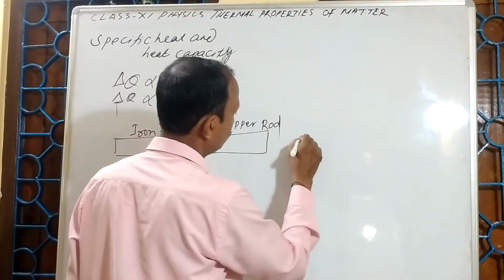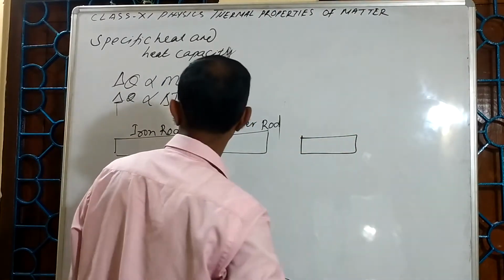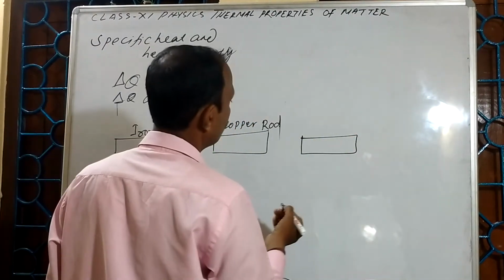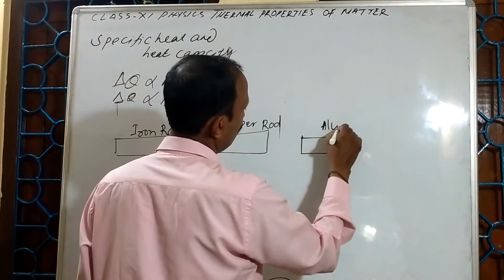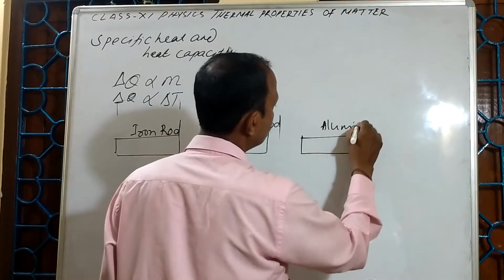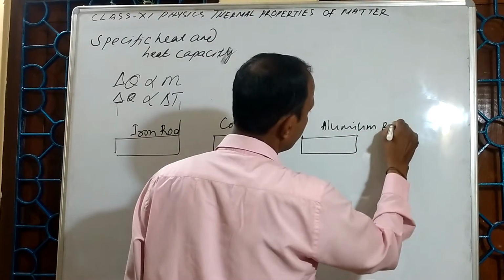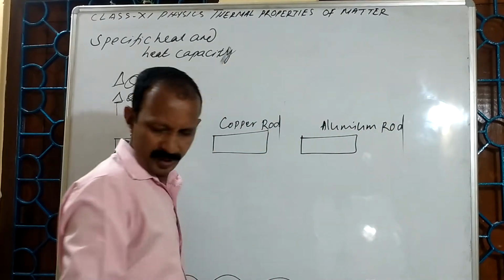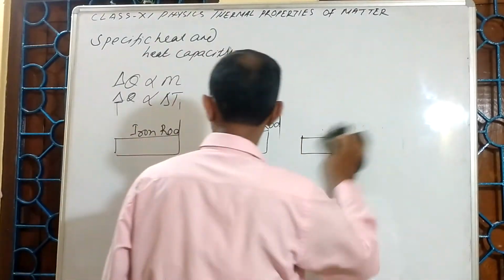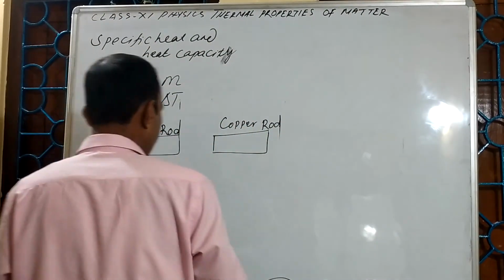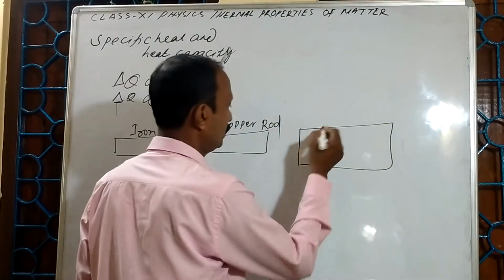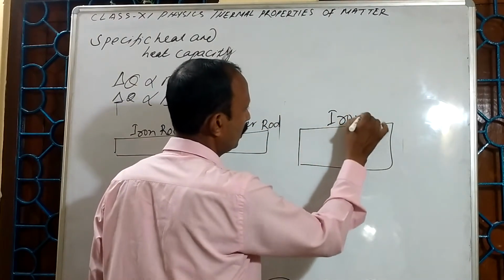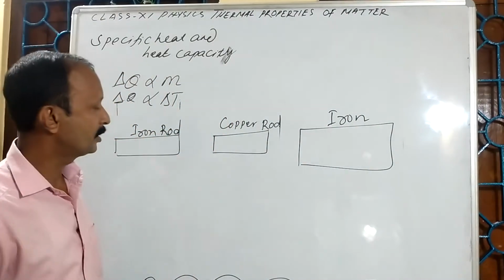This is aluminum rod, or we take the same substance, better it will be, but different mass. Suppose this is the iron I have taken. Listen carefully.